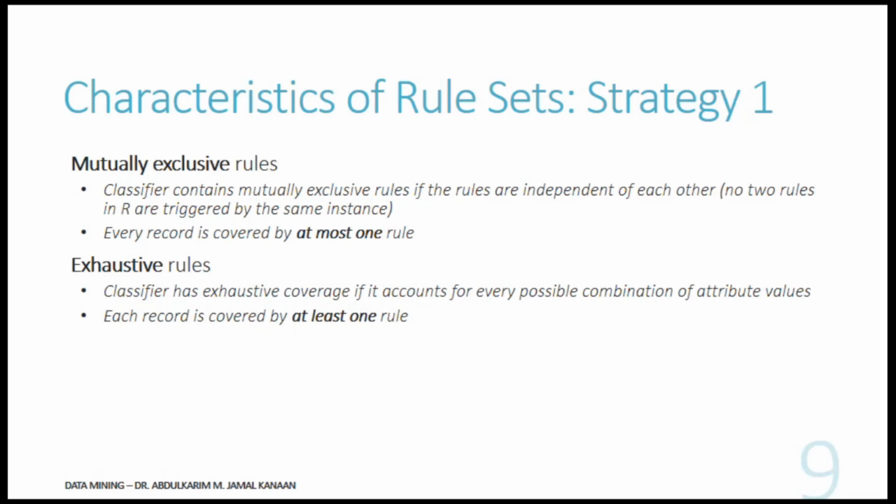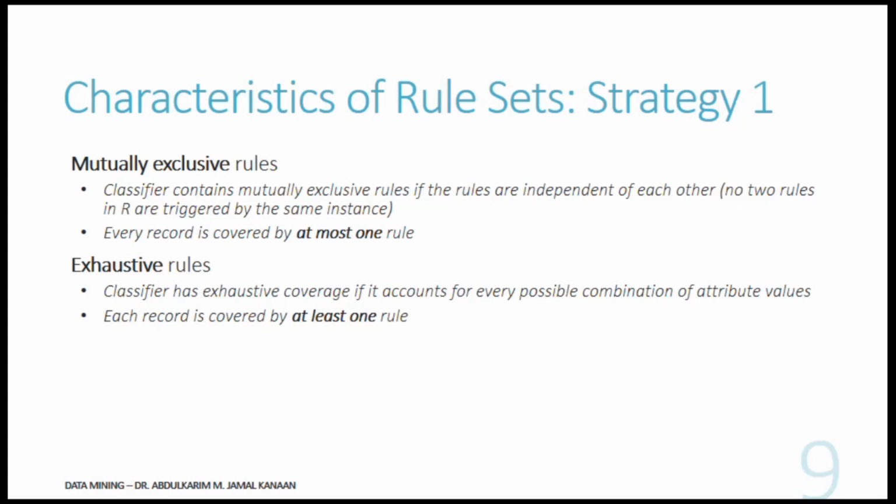That means you take a record from your data, and it triggers at most one rule. If that is the case, then we can say the rule list or rule set is mutually exclusive. Okay, this is the first characteristic.